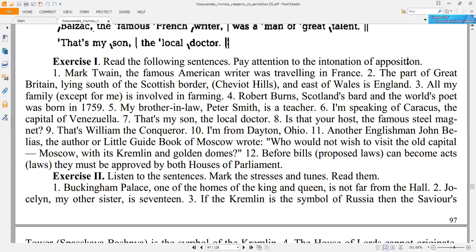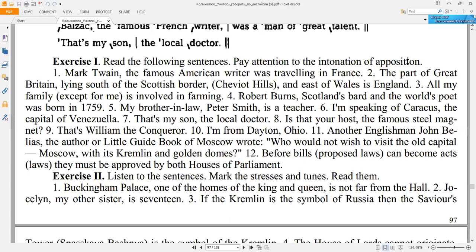And now repeat it once more, please, paying attention to the intonation. Let us clarify the intonation in this apposition, please. Robert Burns, Scotland's bard and the world's poet, was born in 1759. So who else wants to read this same example?